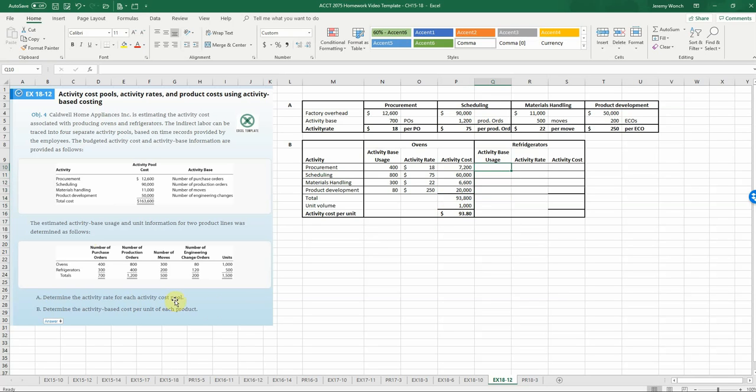So now we do the same thing with refrigerators. Over here, refrigerators used 300 purchase orders, 400 production orders, 200 moves, and 120 change orders. Our activity rates are going to be the same.